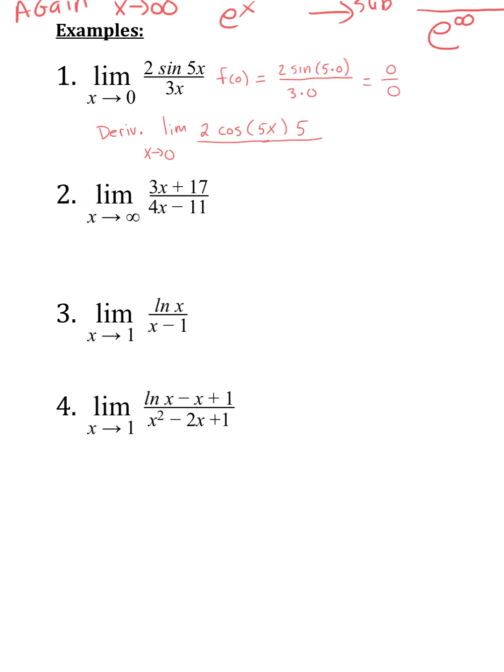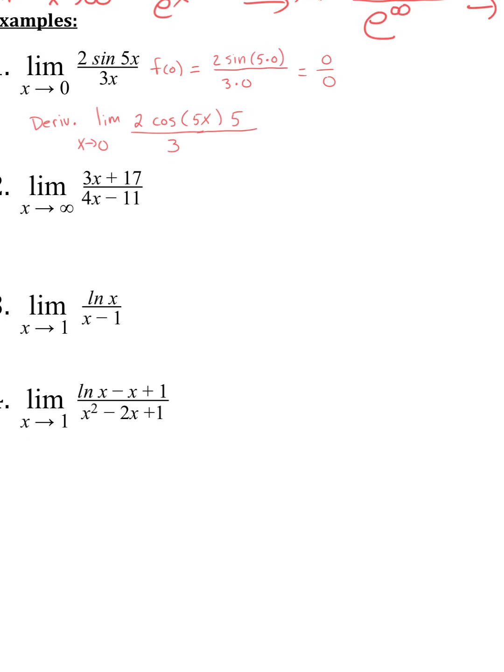On the bottom, if I take the derivative of 3x, I get 3. If I simplify that, I have the limit as x approaches 0 of 10 times the cosine of 5x on top, all over 3.